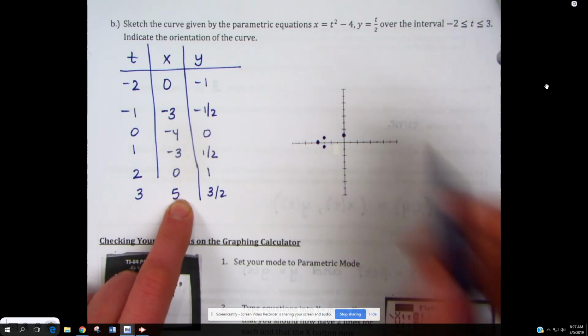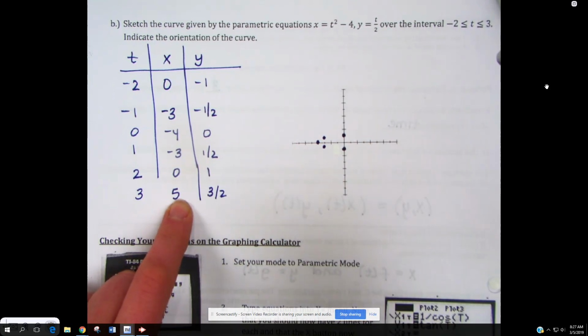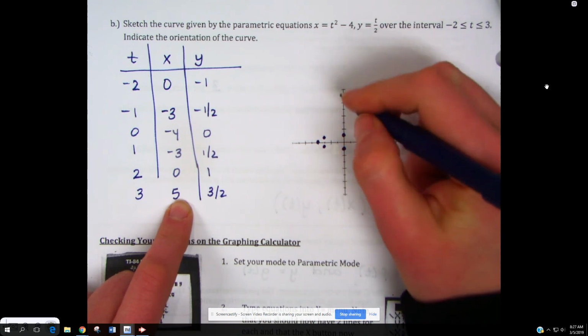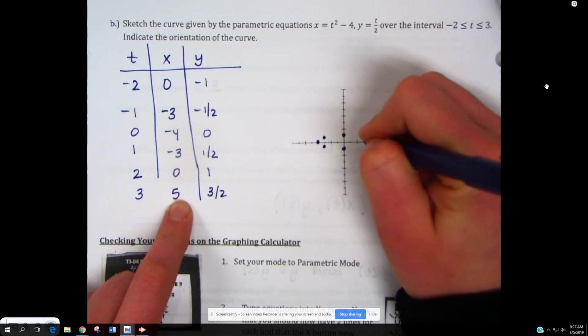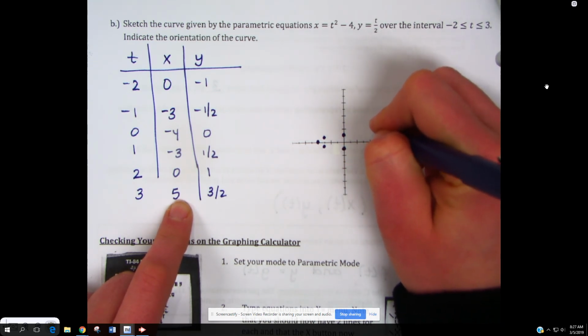Nobody's correcting me, right? 0, -1 belongs right there. I noticed my symmetry was off. And 5, 1, 2, 3, 4, 5, up 1.5.